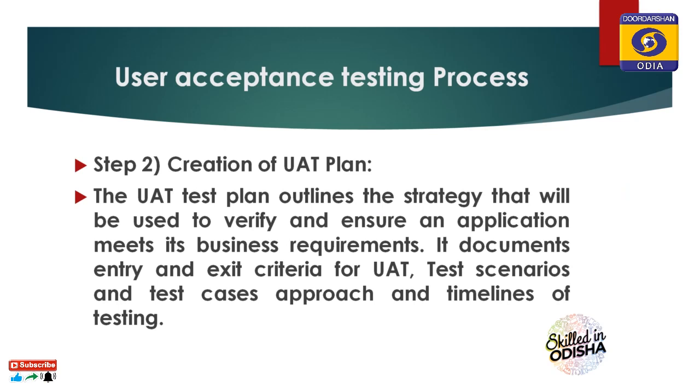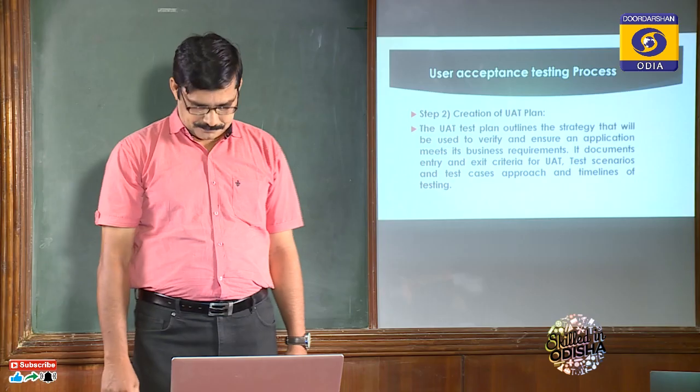The next step is creation of the UAT plan. Step 2: the UAT test plan outlines the strategy that will be used to verify and ensure an application meets its business requirements. It documents entry and exit criteria for UAT, test scenarios and test cases, approach and timelines of testing.